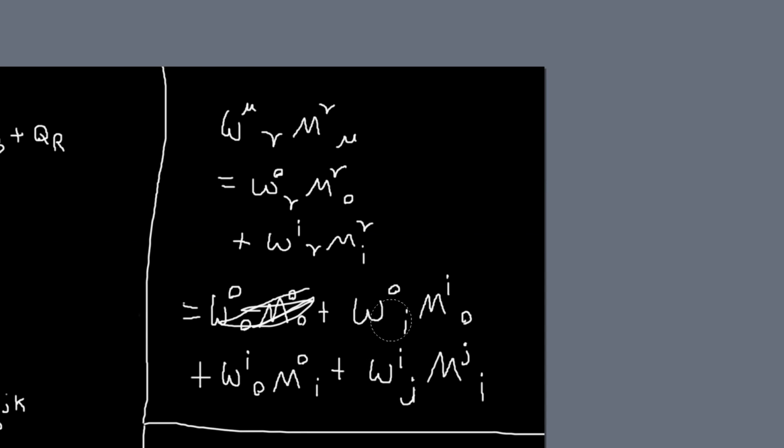I've done that here. Next I will do the same thing for nu. I will split it into the sum over the spatial parts and the time part. So I need to rewrite this here, with 0 and 0, and I will get this expression.